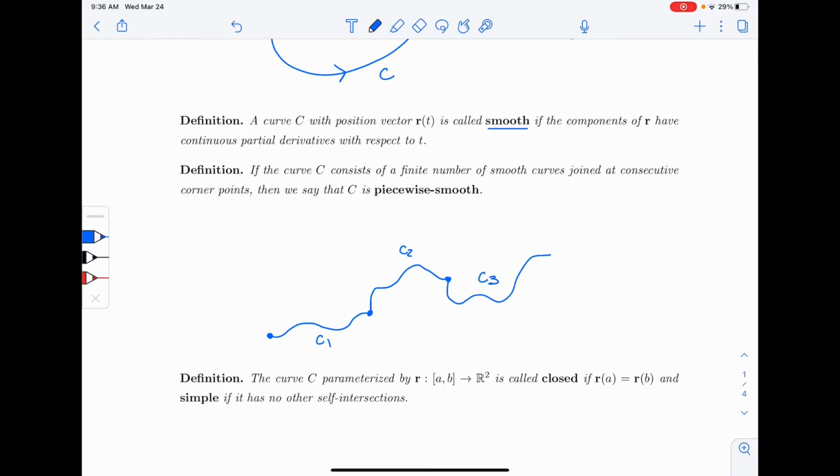And since the curve C, which joins C1, C2, and C3, has a finite number of smooth pieces, we call that curve C piecewise smooth. So think about C as being the sum of these curves.